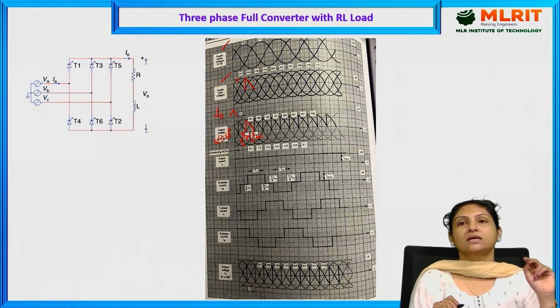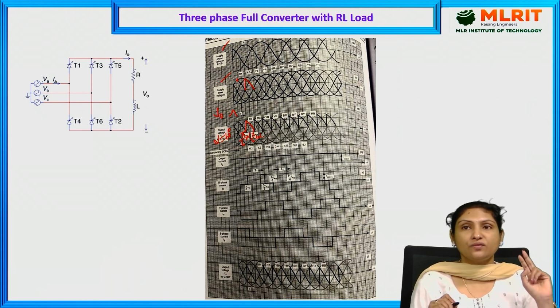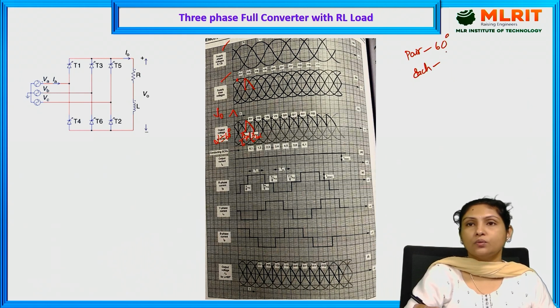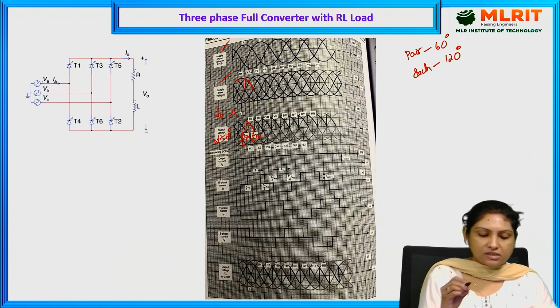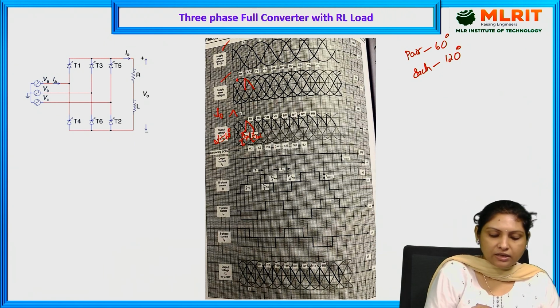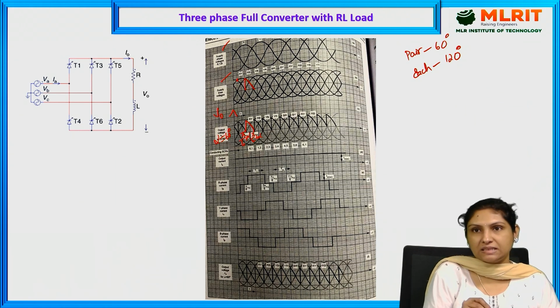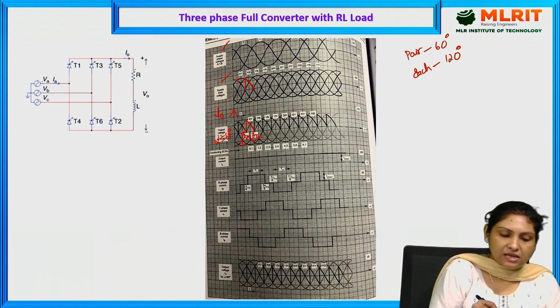As I told you, a pair of thyristors in a full converter will be conducting for a period of 60 degrees, and each thyristor in a full converter will be conducting for a period of 120 degrees. That is the reason it conducts from pi by 6 plus alpha to pi by 2 plus alpha plus 60 degrees. And this is the RY phase.